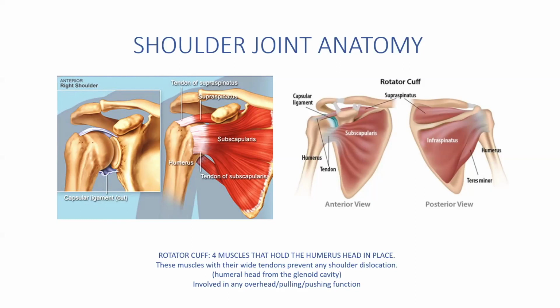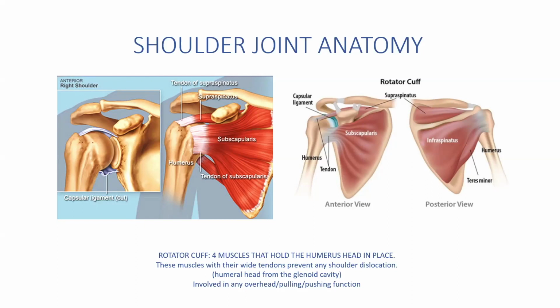So the right hand stays inside the left hand, and you can just turn it around any way you want, and the fingers of the left hand will keep the right hand in position. So this is what happens to the shoulder joint. The four muscles that we have here with the white tendon prevent any shoulder dislocation.